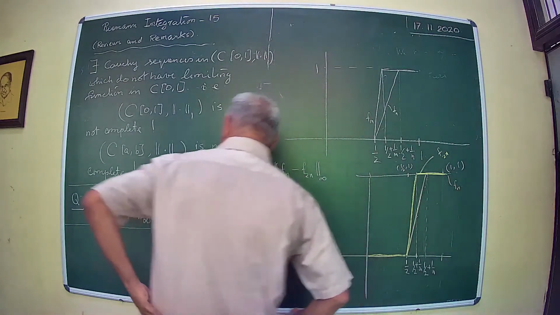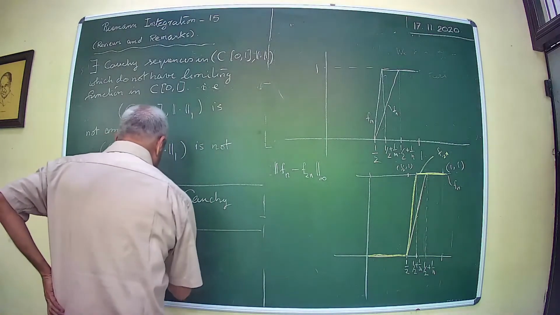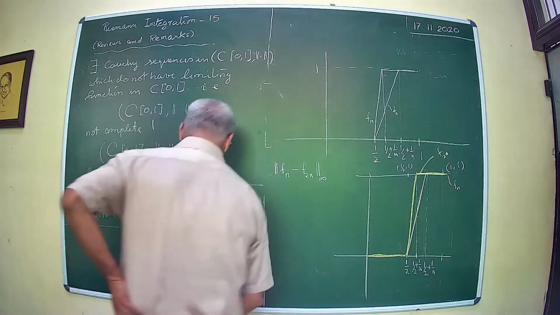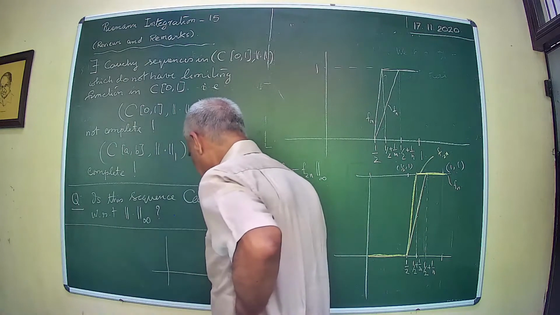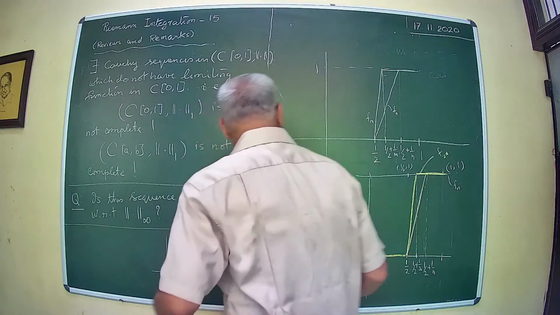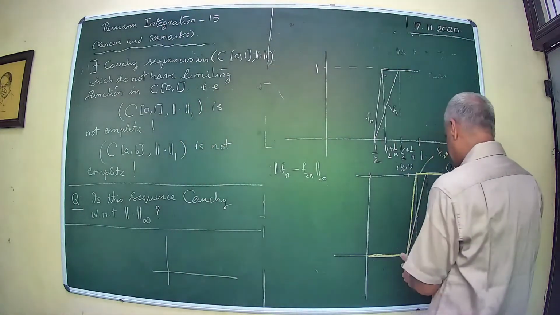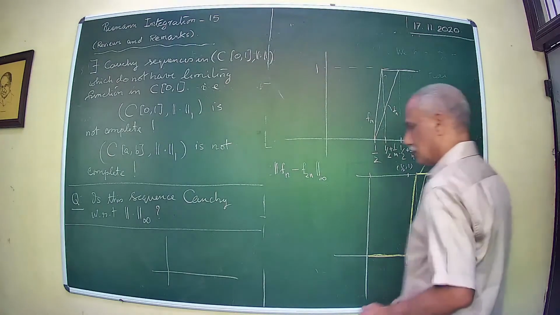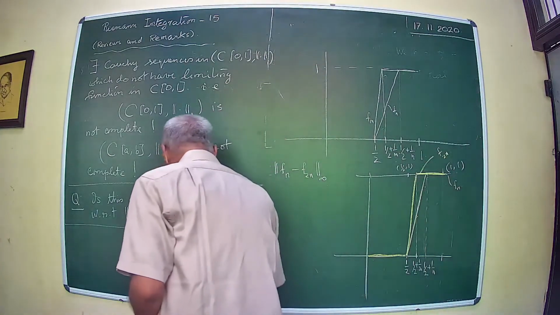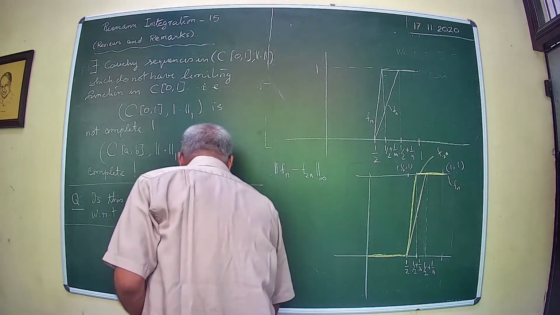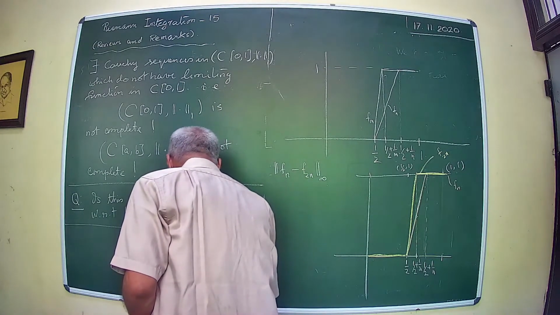I just magnify the whole thing. So what I have is something like this. Again, because what is relevant is this portion, I take 0, 1 by n and 1 by 2.